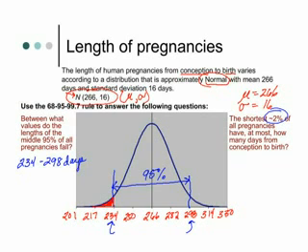From the last slide, remember we said that we could split up the percentages under the curve using 2, 14, 34, 34, 14, 2, for the approximate percentages under the curve for plus or minus 2 standard deviations from the mean.